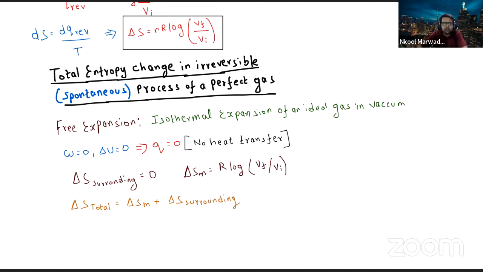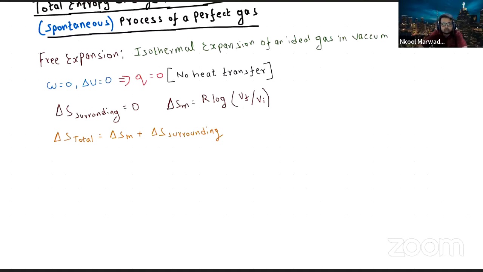And I can substitute the value and calculate the total change in entropy. It will be R log Vf upon Vi. Since expansion is taking place, Vf has to be greater than Vi.